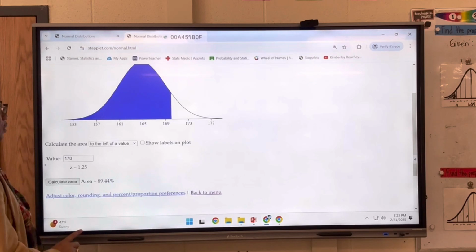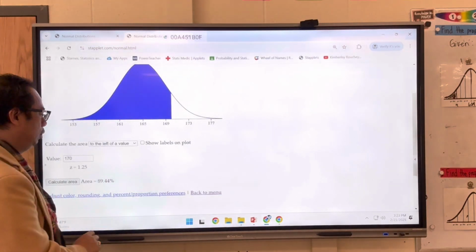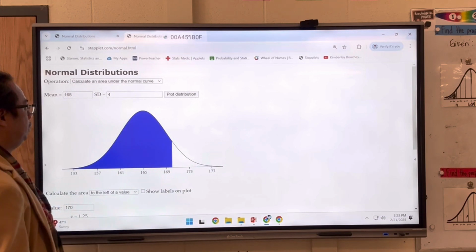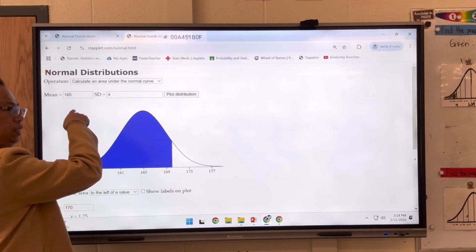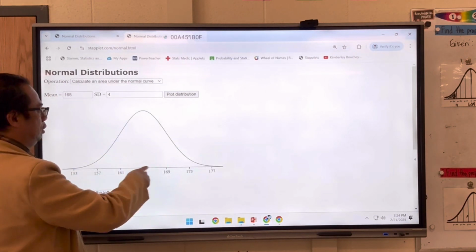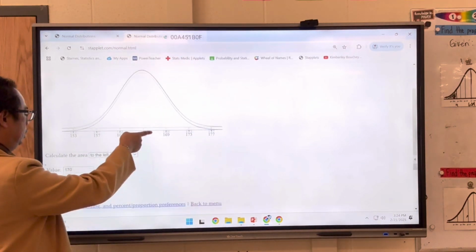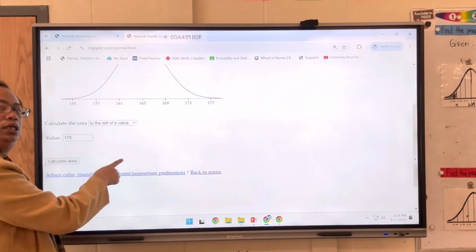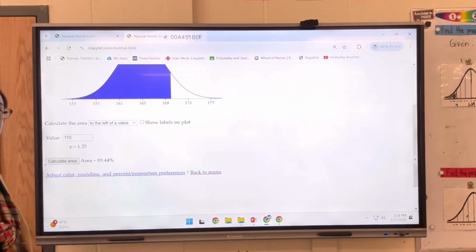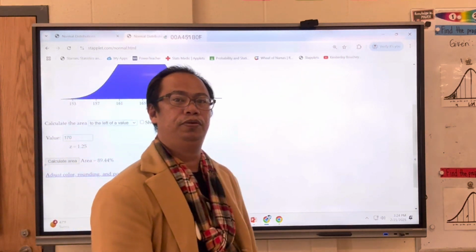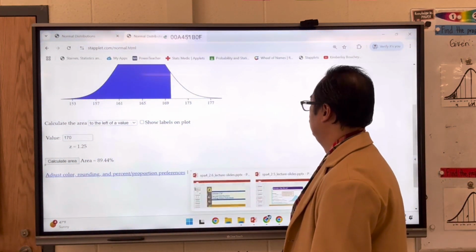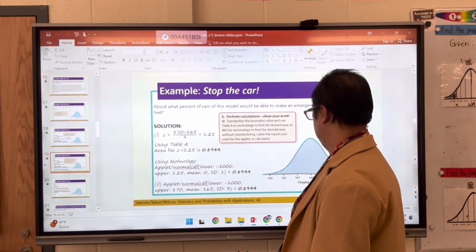Okay, so correction. Let's repeat it again. So 165 for the mean, 4 for the standard deviation, then you click the button, this will appear. Then to the left, 170. Then click the button, 89.44. You still get 89.44 from that. Okay? So that is for the left side.